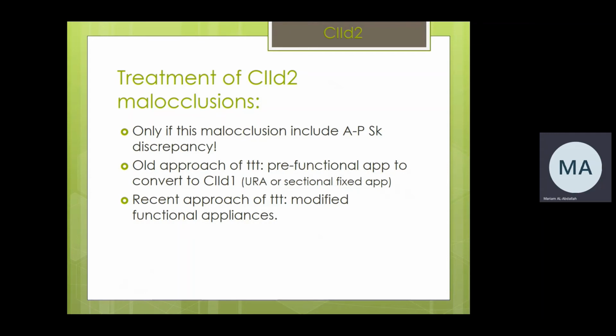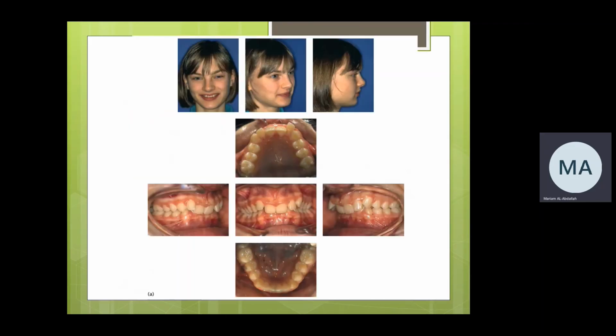And then after that, they treated the patient as a class 2 division 1 using functional appliances. Nowadays, we don't have to do this anymore. We can use a single modified functional appliance that will do both, procline the upper incisors and posture the mandible forward. So we don't have to go for a pre-functional stage.